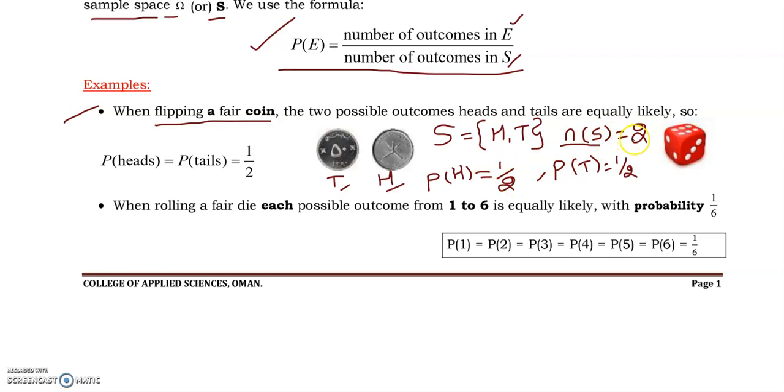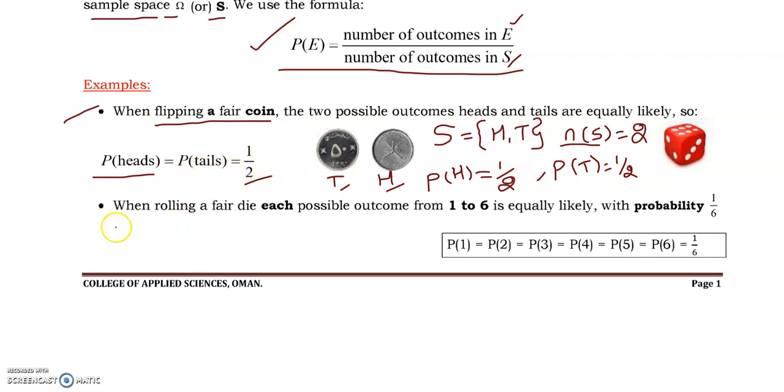That's why from n of S I am writing 2, so P of H is equal to 1 over 2. Similarly, probability of tail is equal to 1 over 2, because tail appears in the sample space only one time, so 1 divided by the total number of outcomes in the sample space, 2. That's why P of T is equal to 1 over 2.